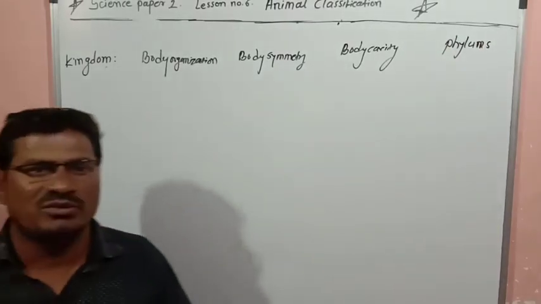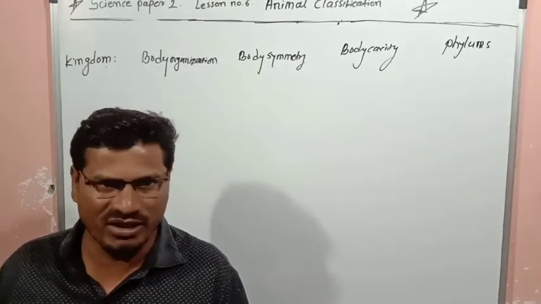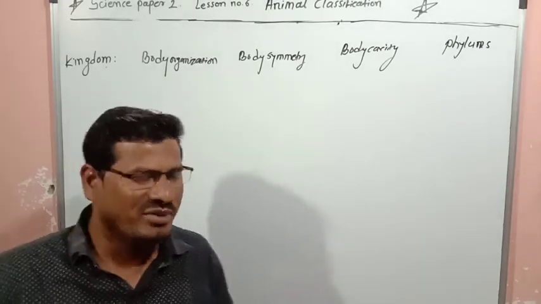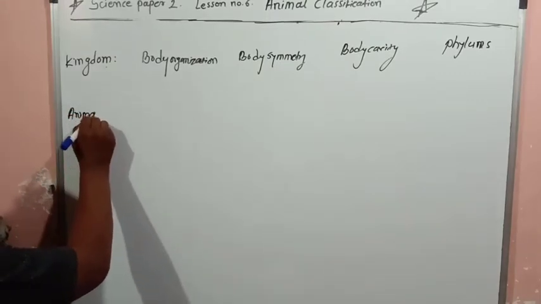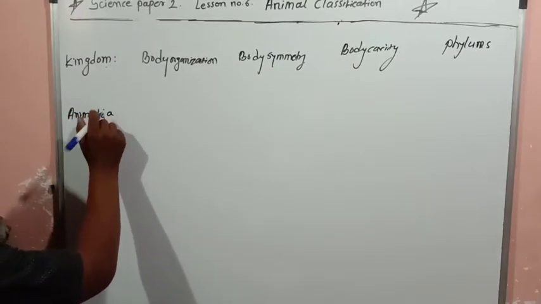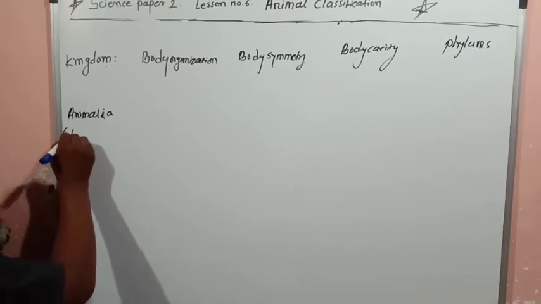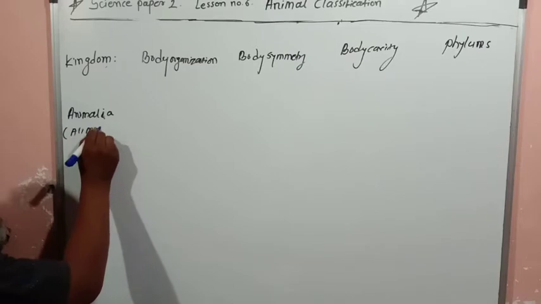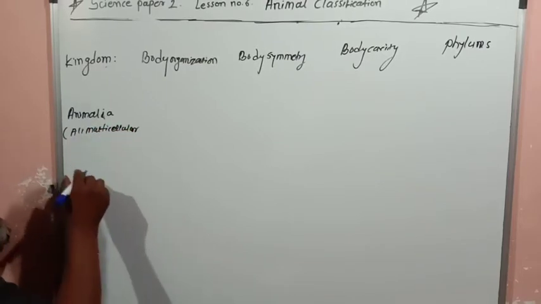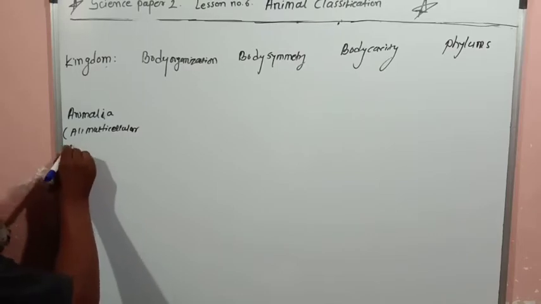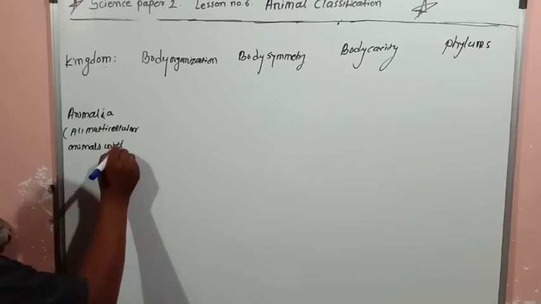The first thing is the kingdom, and the kingdom is Animalia according to Whittaker's classification. In kingdom Animalia, all are multicellular animals without a cell wall.